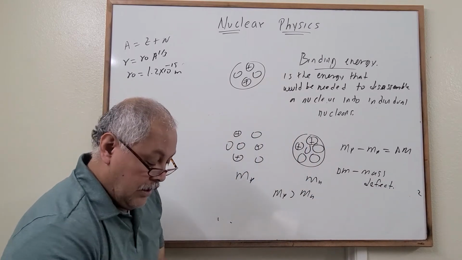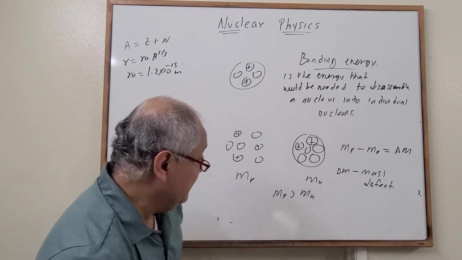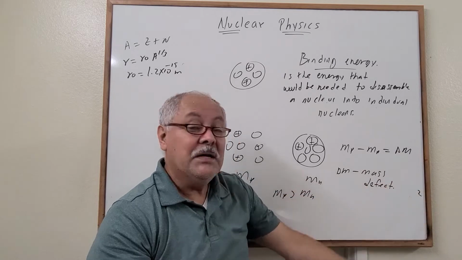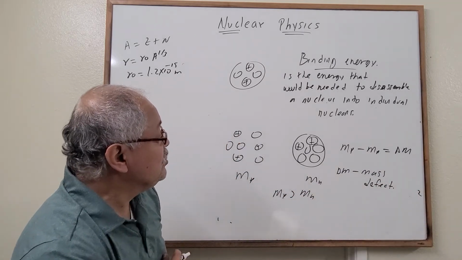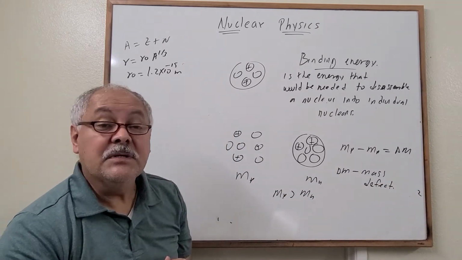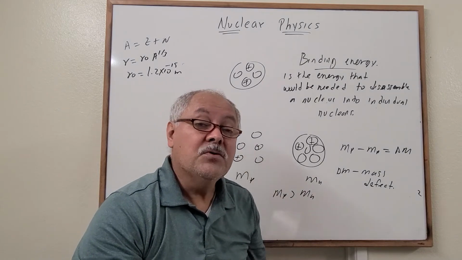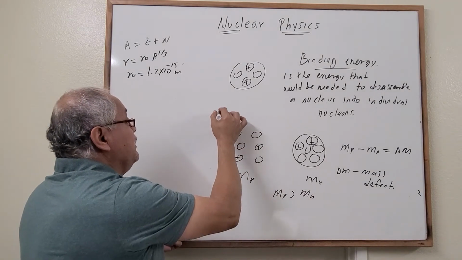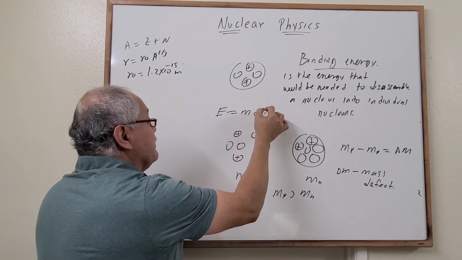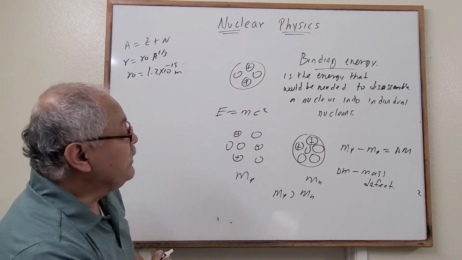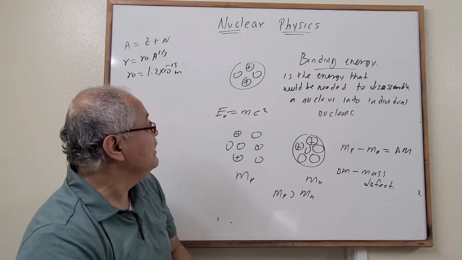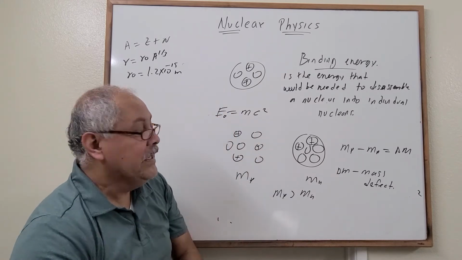Perfect. Now we can define the binding energy in terms of this mass defect. In this case, we use the most famous equation in physics, energy equals mass times c squared. In this case, we're dealing with rest energy, equal to mass times c squared.